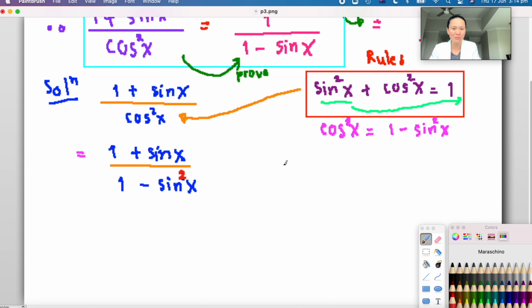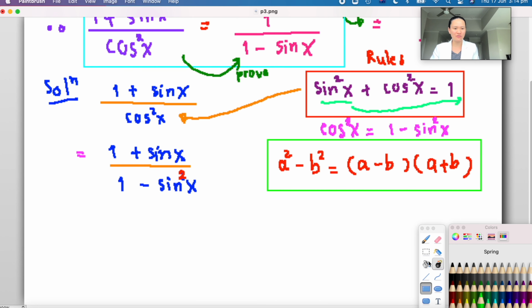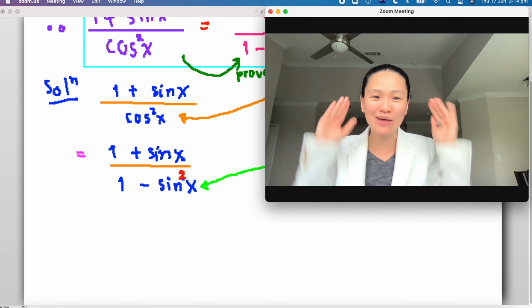Can you see something from here? Do you remember our rule? A squared minus b squared equals (a minus b) times (a plus b). I'm going to put the frame here for you, and we're going to apply this rule. But the point, can you see something? I'm going to do it step by step.